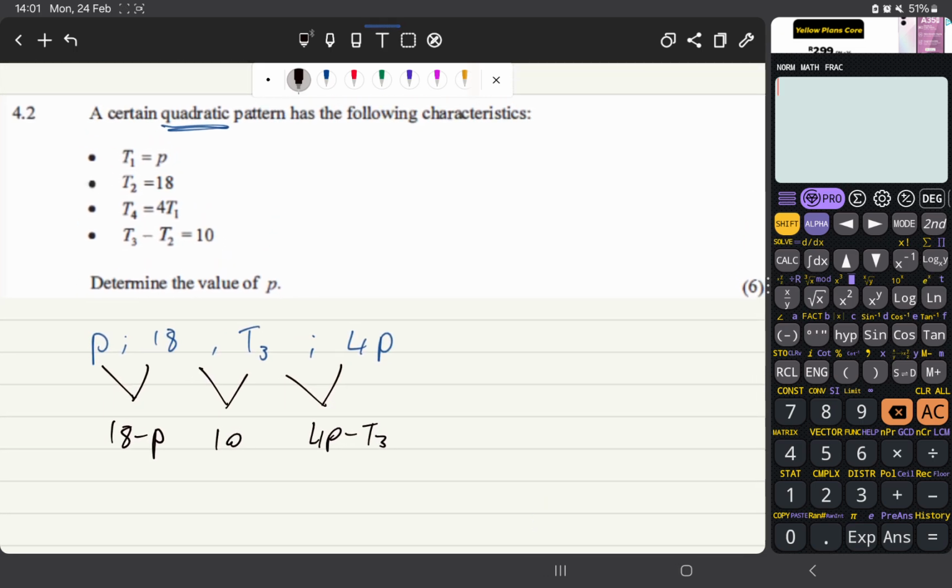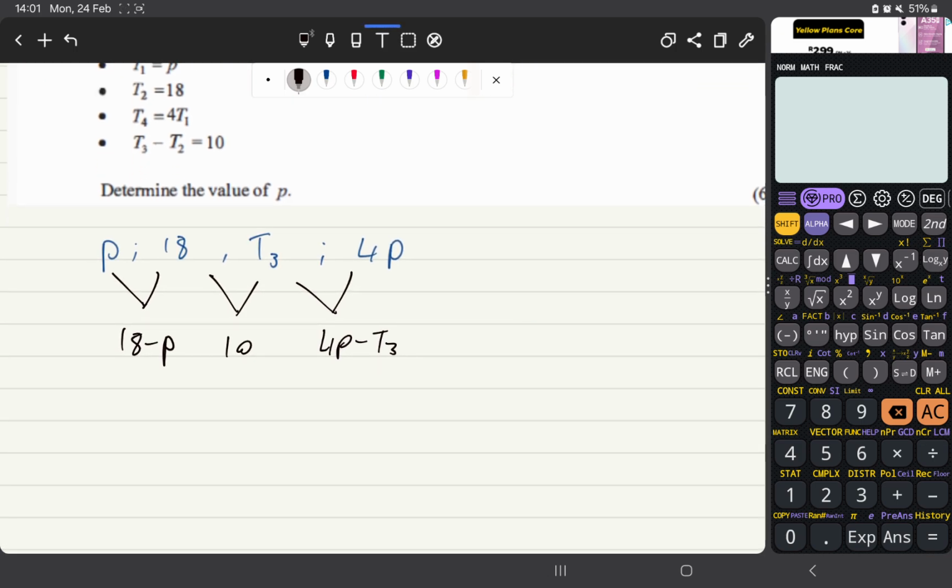So here our objective is to find what? Our objective is to find p. Maybe let me go down to see what I'll get. If I say 10 minus 18 minus p, I end up with 10, and then that's minus 18 plus p. That means I have p minus 8.